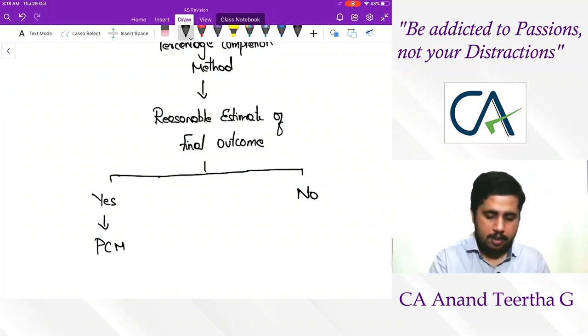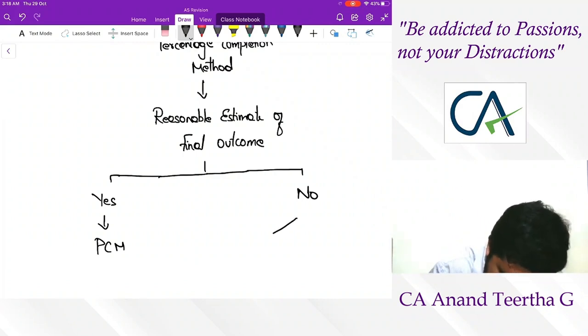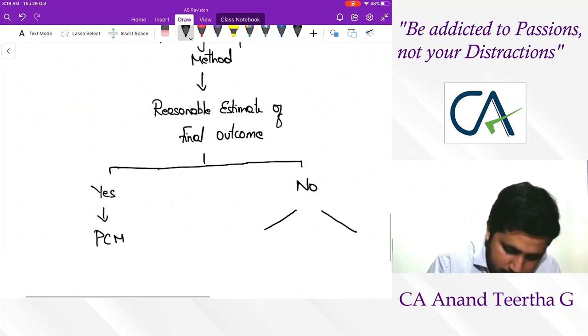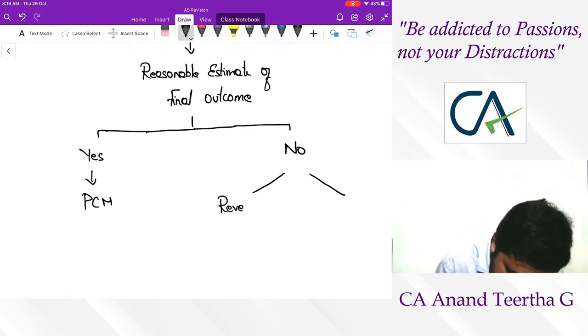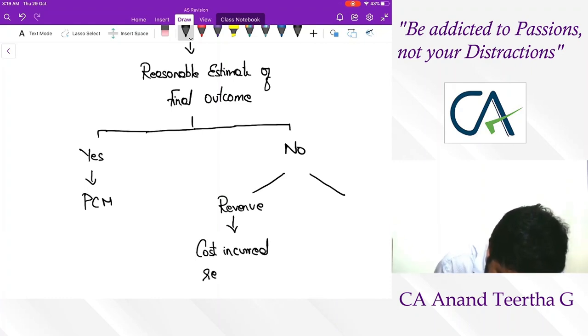Then what can be done? For that, they say whenever there is no reasonable estimate of final outcome, there are two consequences. One, when it comes to revenue, recognize revenue to the extent of cost incurred which is recoverable.